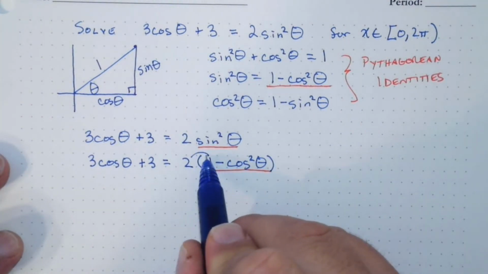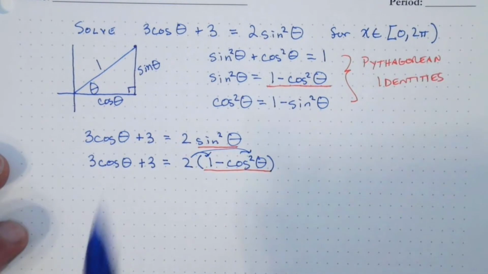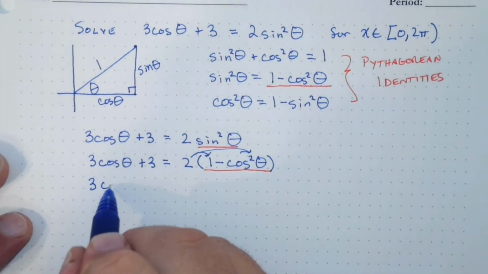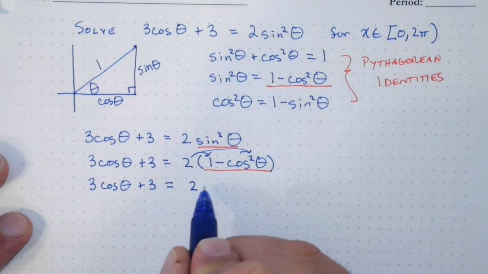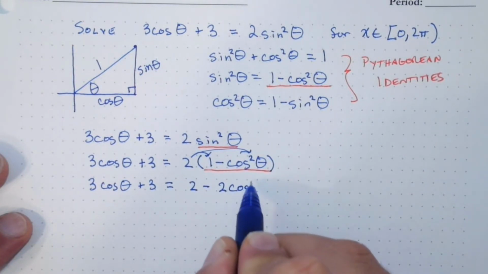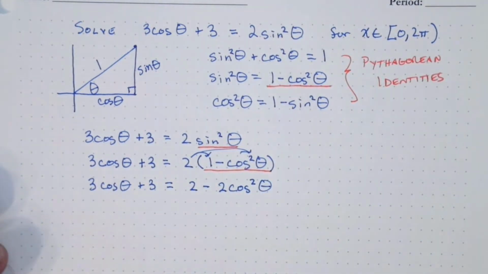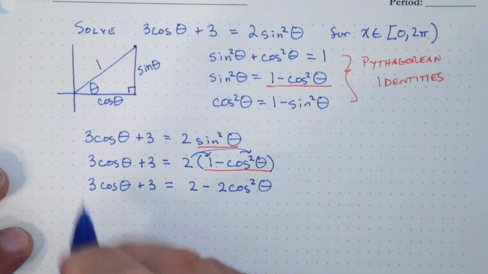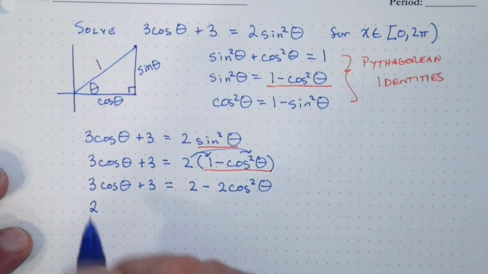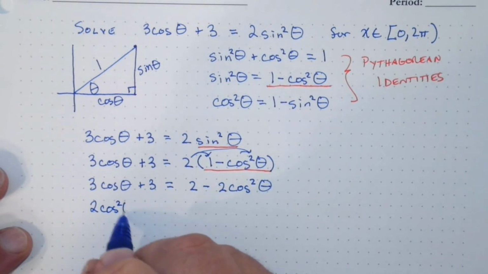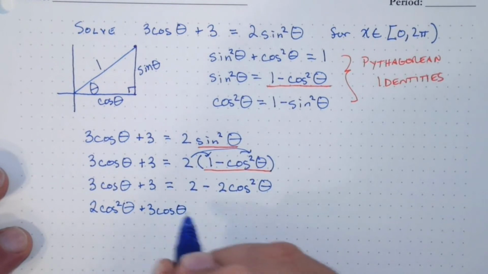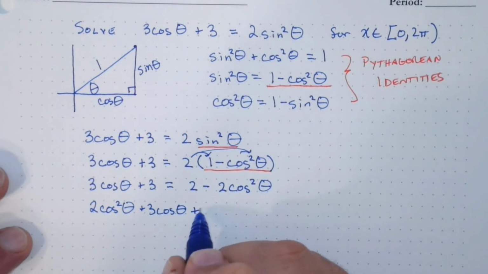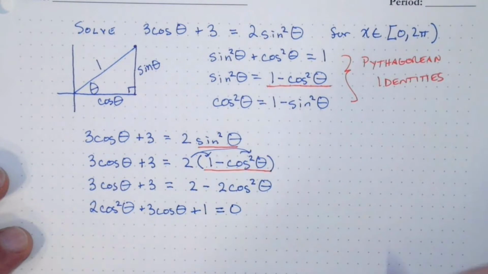Okay. Then, using my distributive property, I have 3 cosine of theta plus 3 is equal to 2 minus 2 cosine squared of theta. If I rearrange, right, move everything to one side of my equation, I'm going to have 2 cosine squared of theta plus 3 cosine of theta plus 1 equaling 0.